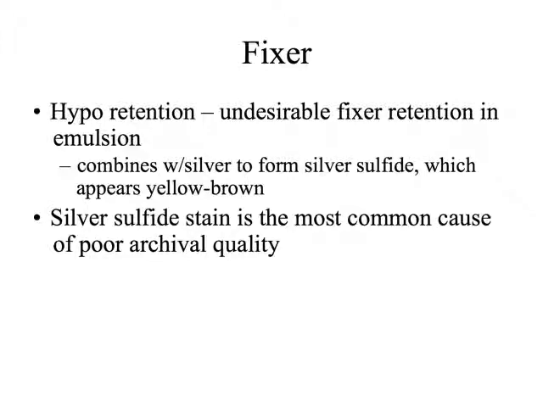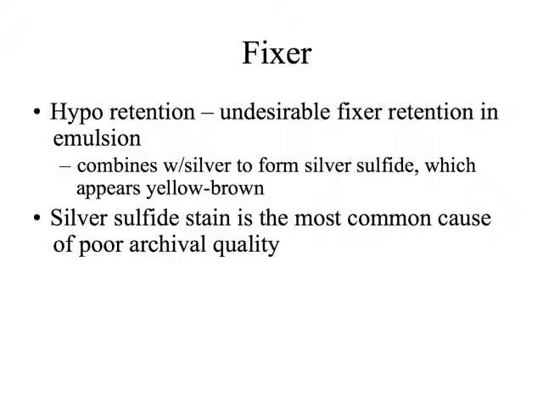Nevertheless, we want to make sure that the fixer doesn't remain in the emulsion. Hypo retention is what we call the undesired fixer retention in the emulsion. And what will happen is it will combine with the silver again to create silver sulfide. Remember that stuff, the sensitivity specks, right? So if it remains in the film, the film's going to start to degenerate back to what it was, right?